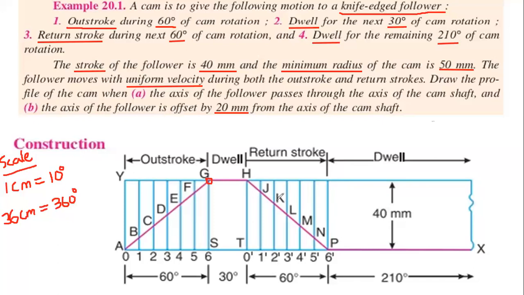That's why we are taking a straight line here to join H to P and indicate the points of the intersection lines as J, K, L, M, N and P. Then again join a straight line from P to the last position, that is the X position, with a straight line.